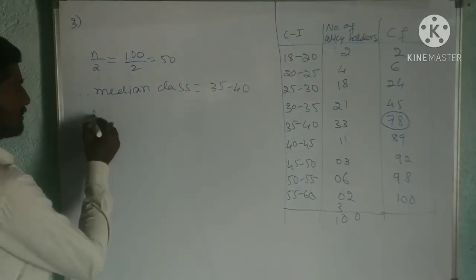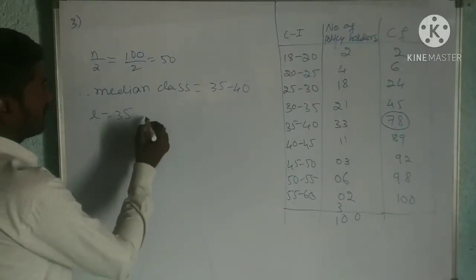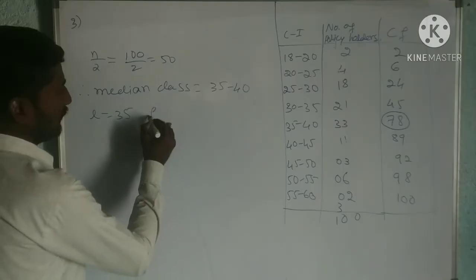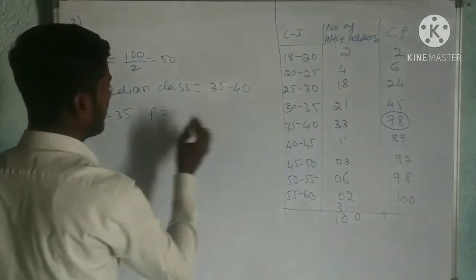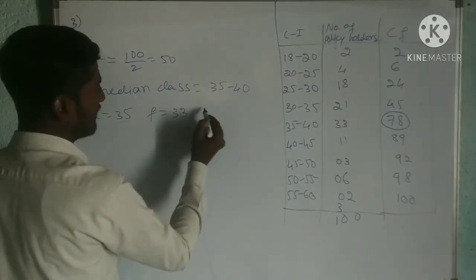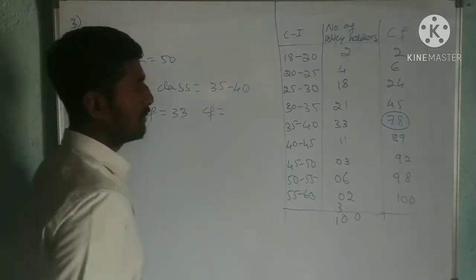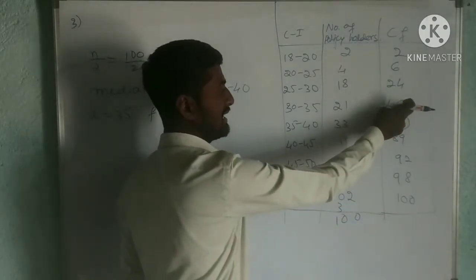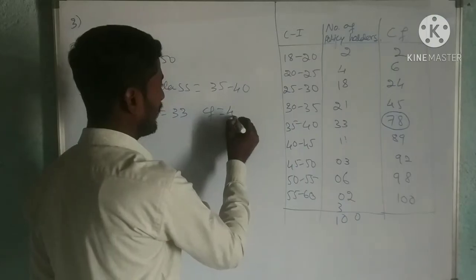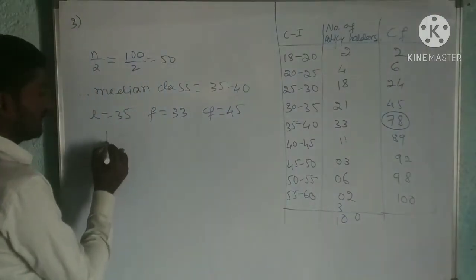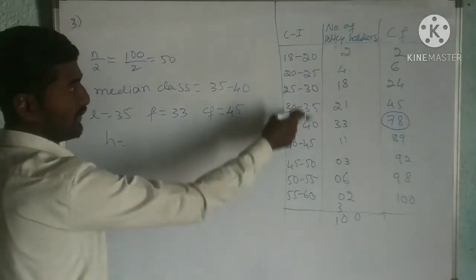Now we can write the terms. L is equal to 35. Then f is equal to 33. Then CF, the cumulative frequency of the class preceding the median class, is 45.